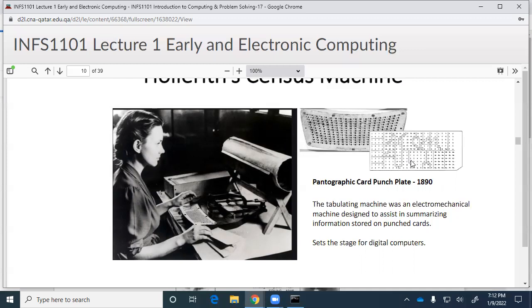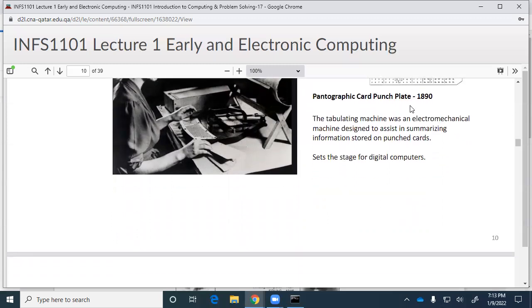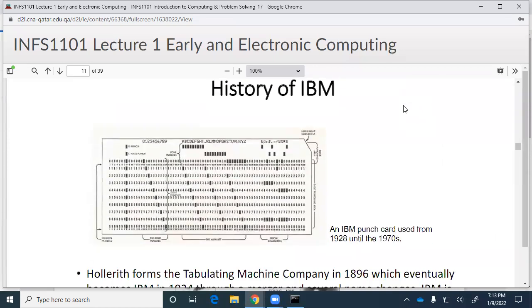For example, in the census, that card will have numbers on it, but it'll also have other things about different categories: male, female, age, all the kind of stuff that they gathered from the census. With the stack of cards, you could analyze where the holes were and add up big columns of holes, and you could get your information analyzed much quicker. And so IBM grew out of that.